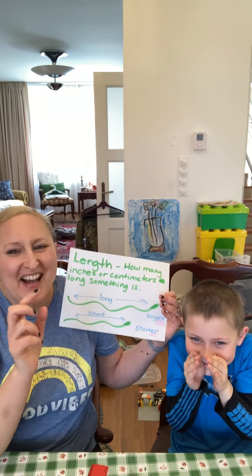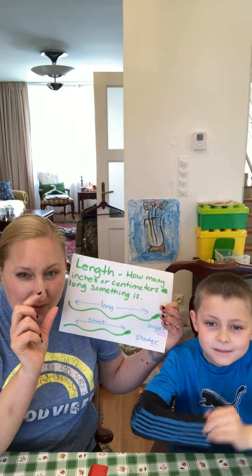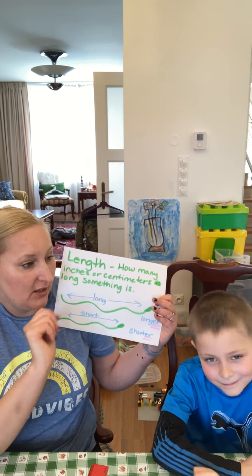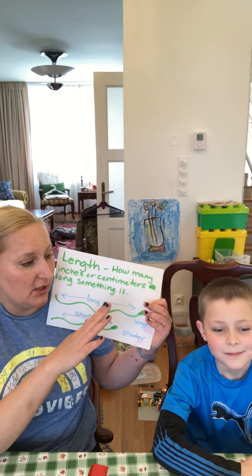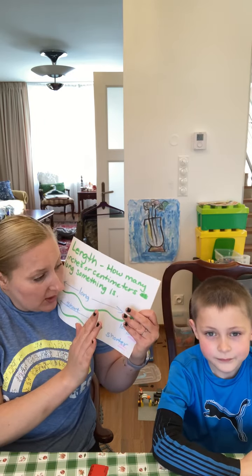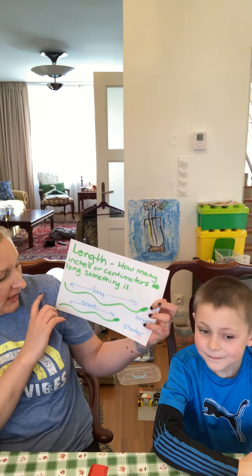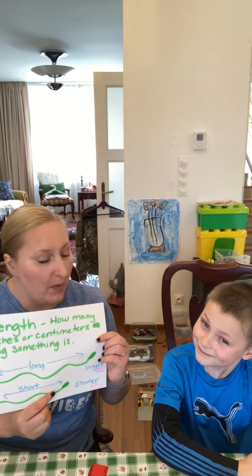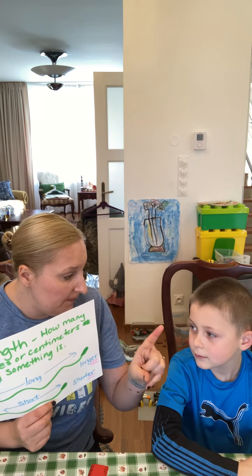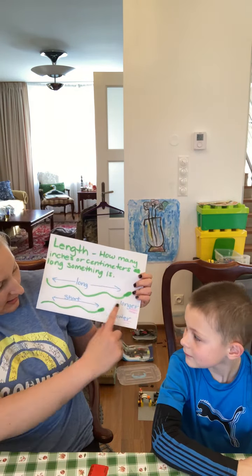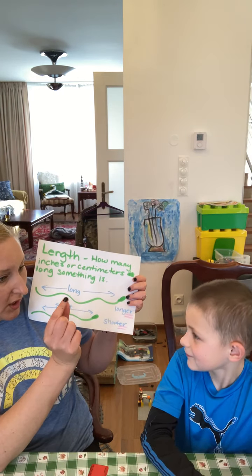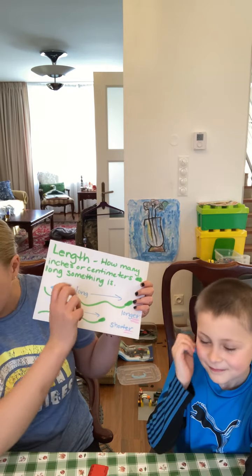Yes. When I want to measure something that's small, I also can say it's short. Those are two words I can use to talk about length. How long is it? How short is it? Okay? And then if I want to look at two items and compare them, I have longer or shorter, where I'm comparing two things.